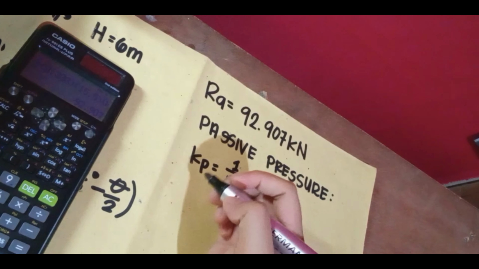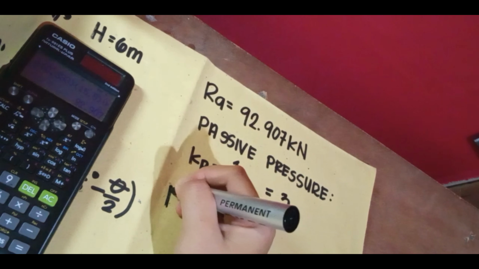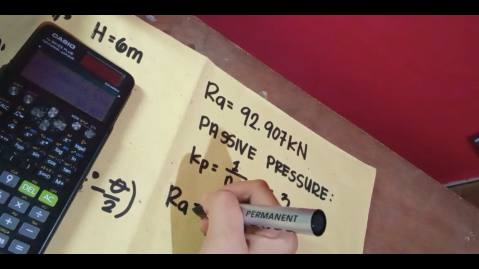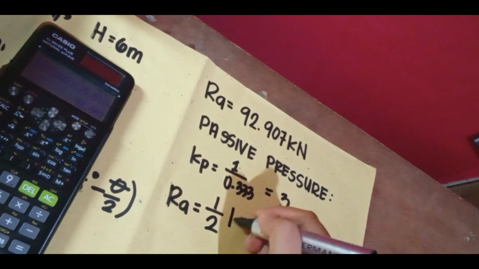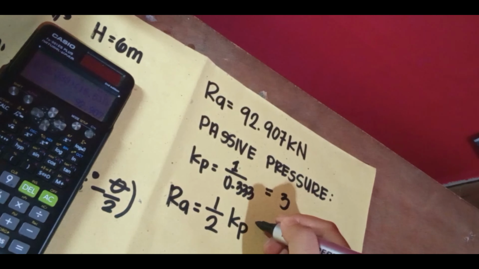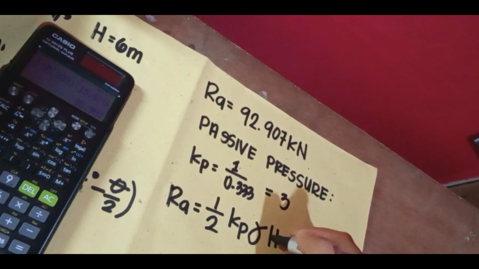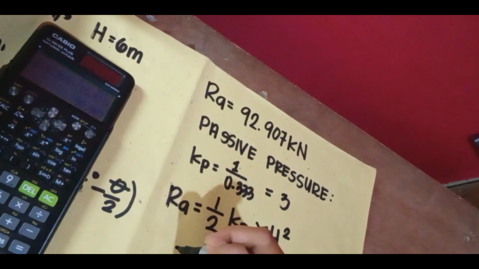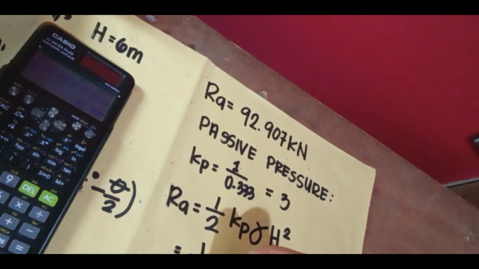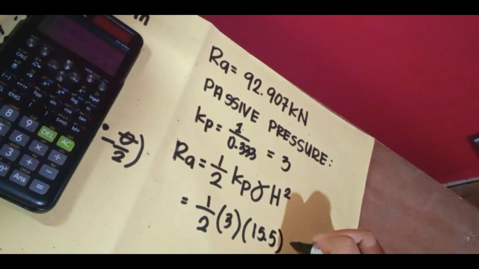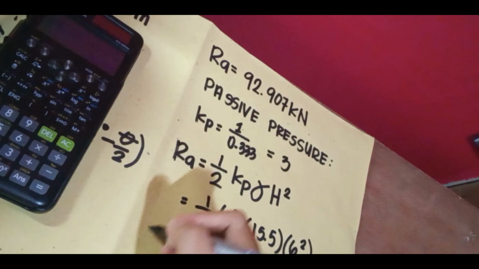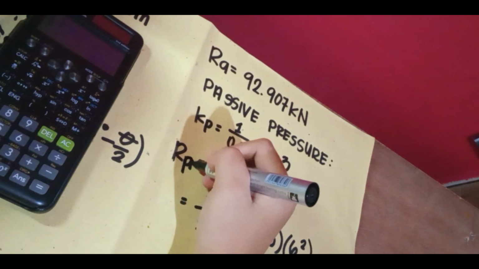Then we can solve the pressure. RP is equal to 1/2 times the coefficient times the unit weight times the square of the height. So 1/2 times 3 times 15.5 and 6 squared.